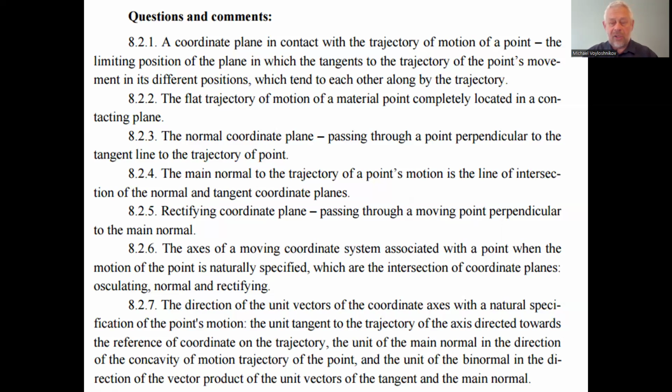The line of the intersection of the normal plane and the osculating plane gives us the main normal axis, directed towards the convexity of the trajectory of the motion.